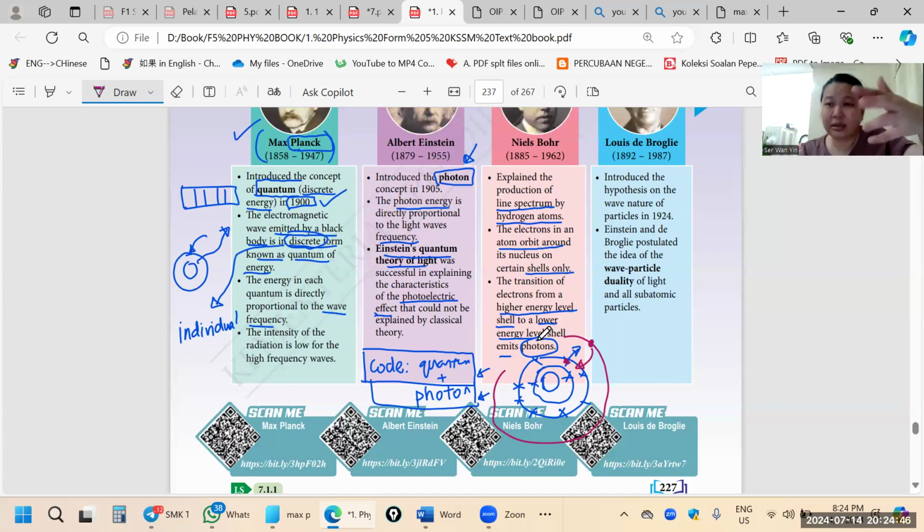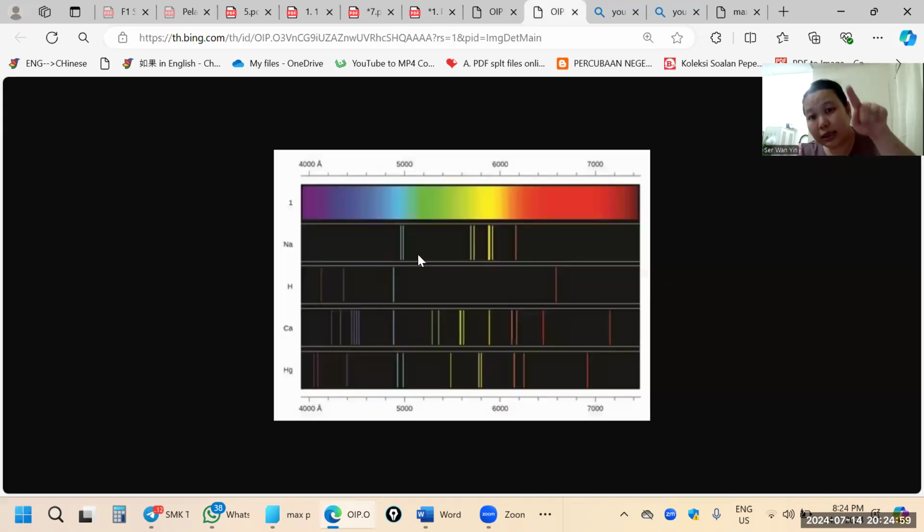But after you run, your energy is gone, you become tired. Same as the electron, it will jump back. When it jumps back, it will give out the energy packet like this. Okay?